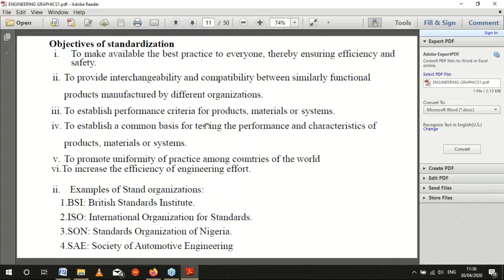Please, I want to get them by tomorrow, 23:59. The assignment again is to present a drawing sheet with the title block, border lines, and do the lettering A to Z in capital letters. So I will see you tomorrow, and from there we'll talk about other areas of engineering which we will have to look into.